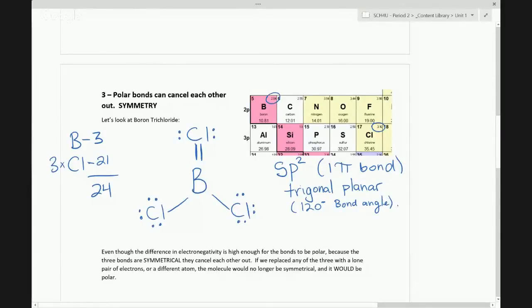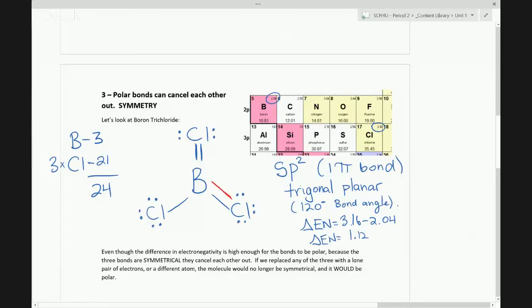And really quickly, we want to see that these bonds are polar. The difference in electronegativity is 3.16 minus 2.04, and that works out to 1.12. And that is enough to give us a polar bond, which means that here, the electrons are always going to spend more time with chlorine.